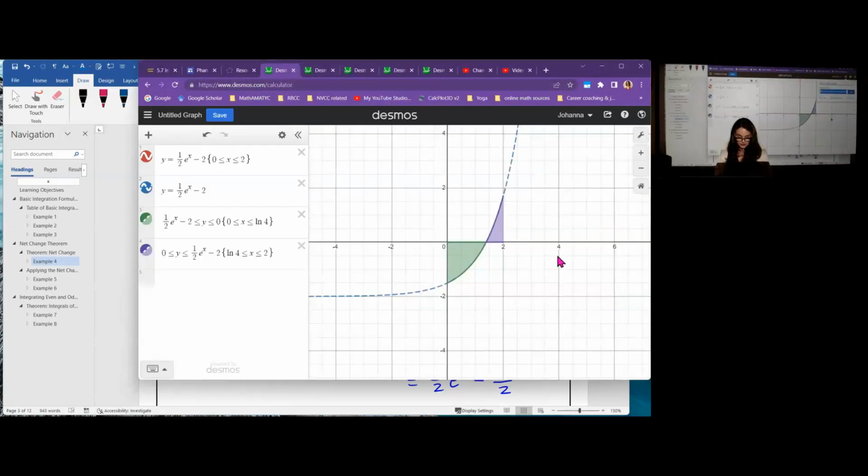In that graph, you can see that we have the function 1/2 e^x minus 2 graphed, and I've shaded the region between 0 and 2. This represents the motion of the particle. This is the velocity on the vertical axis and time on the horizontal.